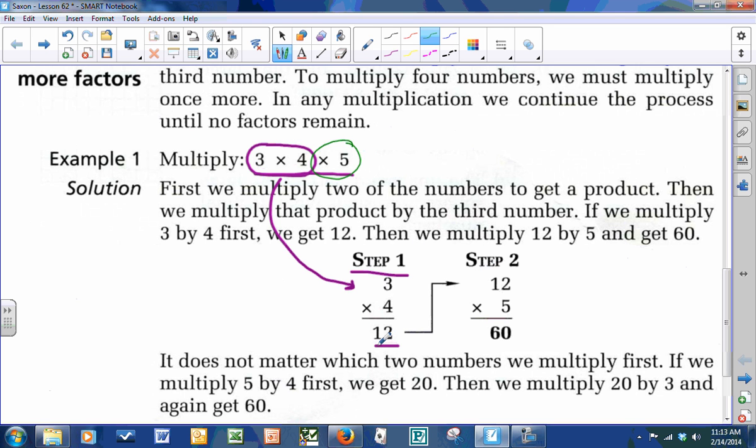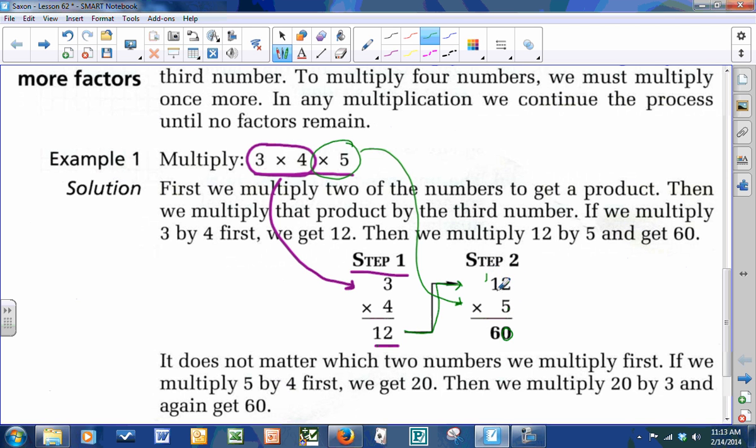So you take the 12 and it gets plugged into your equation here, and you simply multiply it by the factor that you had not used earlier. In this case, it's a 5. And you solve that equation. So you're really solving two equations, step 1 and step 2. Of course, 12 times 5: 5 times 2 is 10.